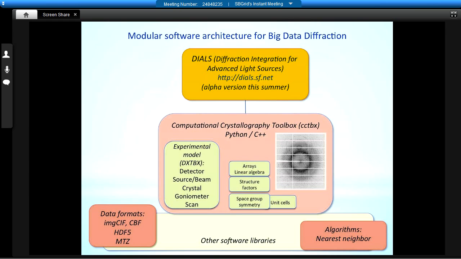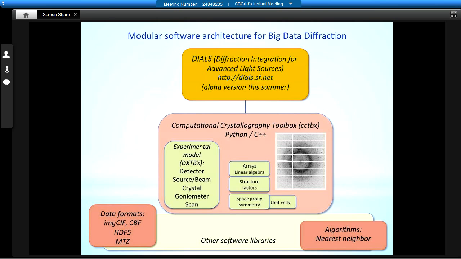So this is a little bit about the software architecture of what we hope to do. It's going to be based on the CCTBX toolkit, which has been around for over 10 years. It's at the core of things like Phenix and Labelit, and it provides a good interface that lets us deal with structure factors, space group symmetry, and unit cells.